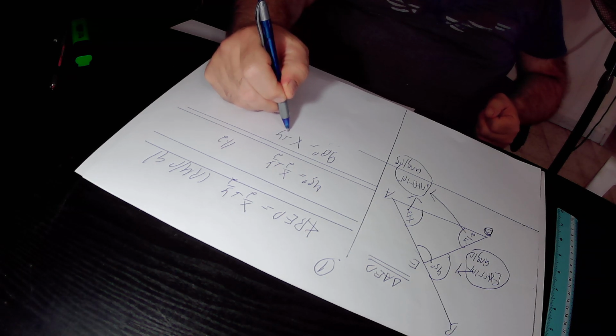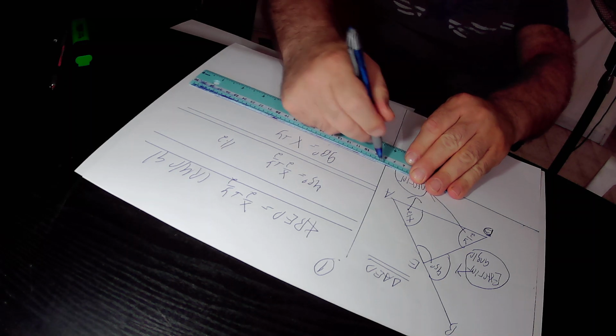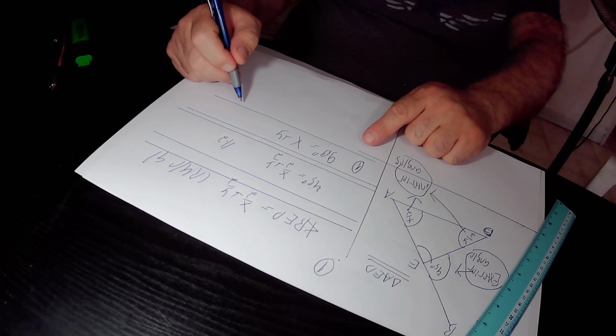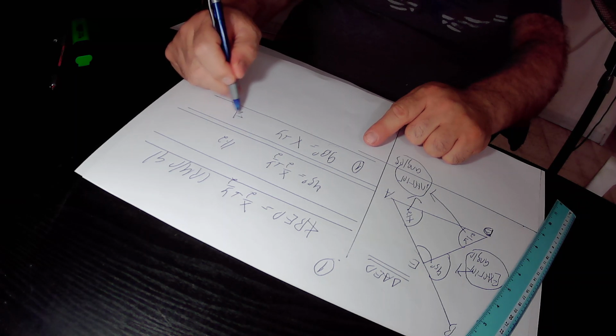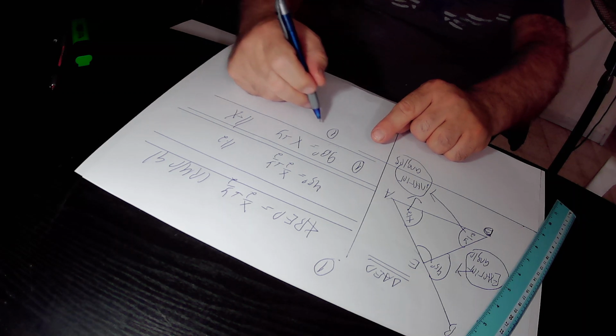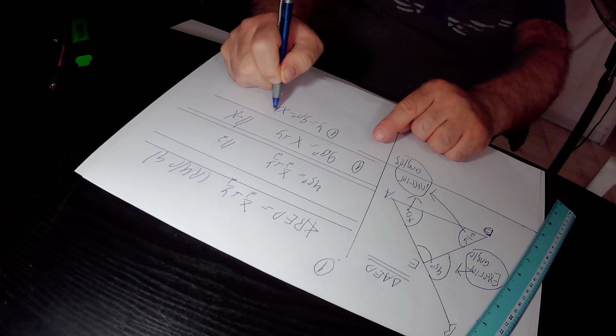So in conclusion, we found out that x plus y equals 90 degrees. Here we'll subtract x from this equation, and finally we get that y equals 90 degrees minus x.